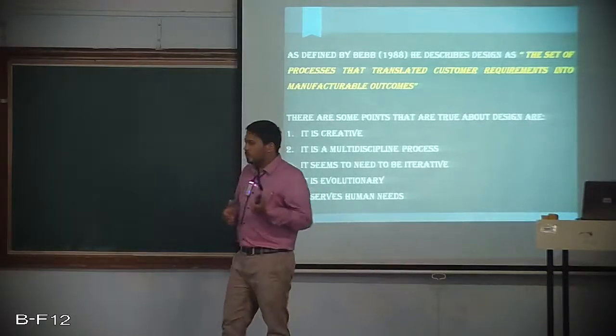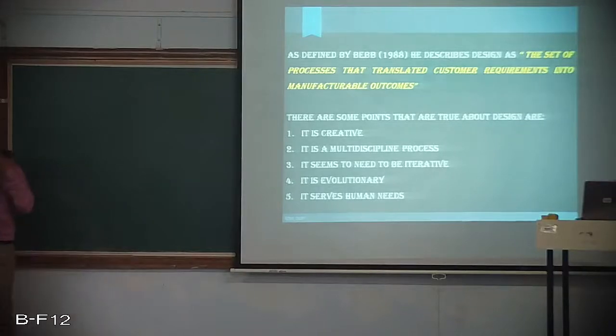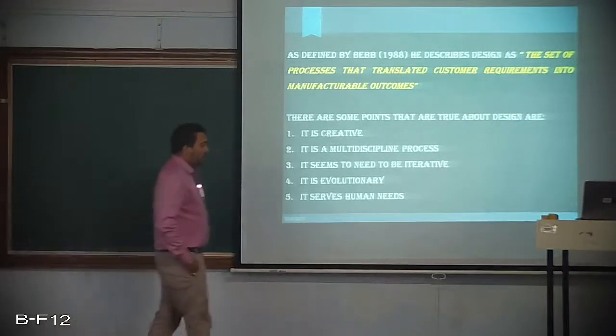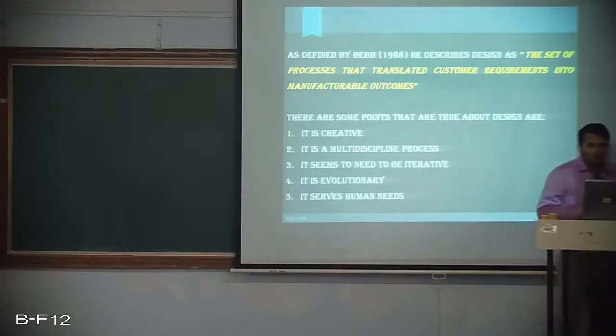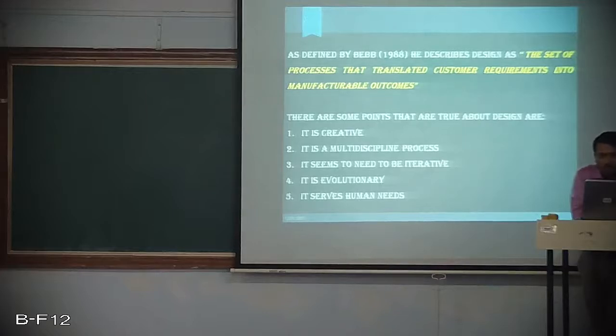It requires a lot of steps and processes so that this part gets manufactured and ultimately delivered to the customer so that it meets the customer requirements. Hence, design is described as a set of processes that translate customer requirements into manufacturable outcomes.